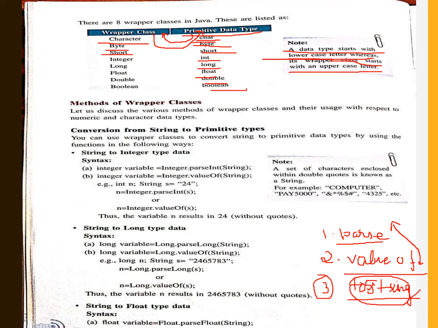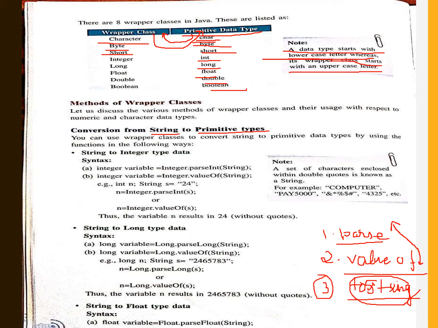First, let's see conversion from string to primitive type. A function that converts a string to a primitive data type is known as a data conversion function. The first function is the parse function.